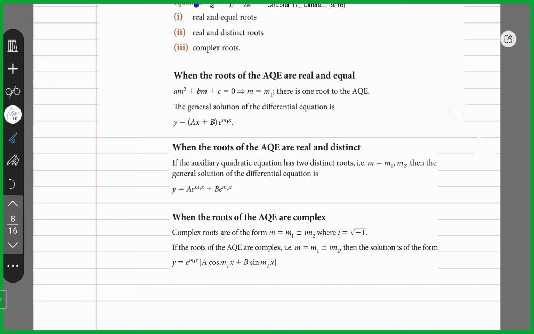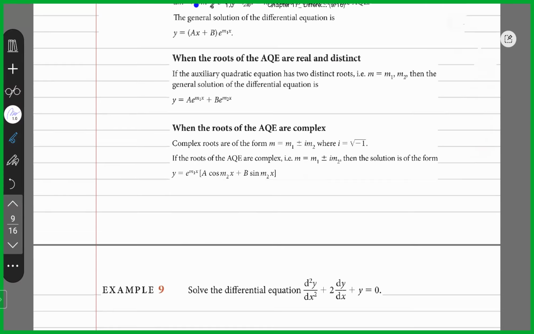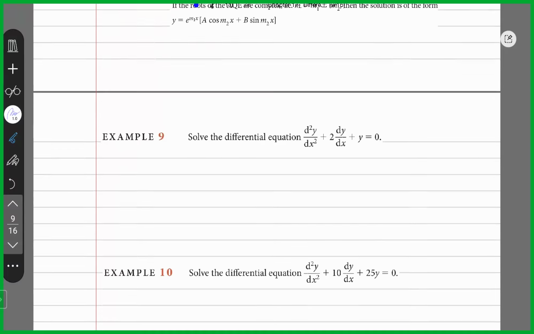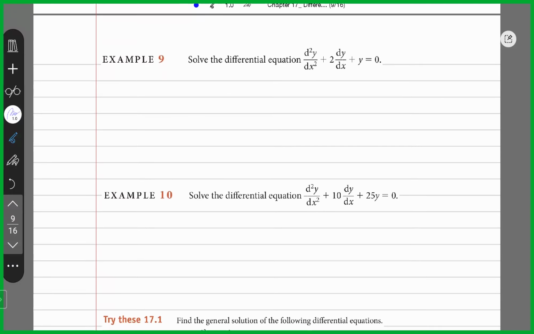With this in mind, let's have a go at example 9. Example 9 says, solve the differential equation d2y by dx squared plus 2 dy by dx plus y is equal to 0. For every equation of this form, to solve, you would need the AQE.